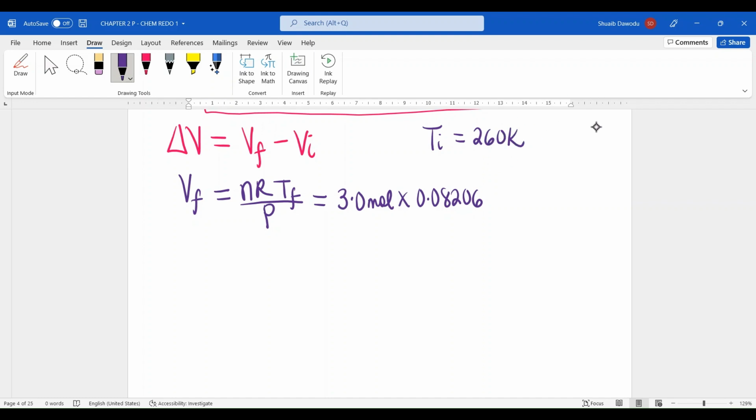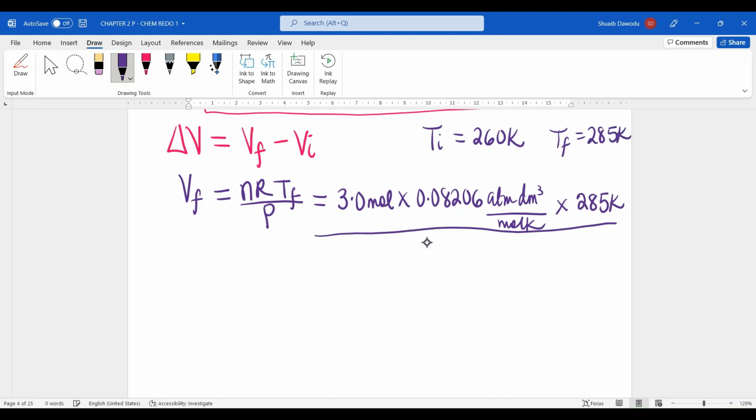That's going to be at the end, so just bear with me. 0.08206 is just the gas constant, with units atmosphere dm cubed per mole Kelvin, times T final, which is 285 Kelvin. T initial is 260, T final is 285 Kelvin, a temperature increase, divided by our beloved pressure, which is 3.25 atmospheres. So we cancel out the mole, atmosphere, and Kelvin.